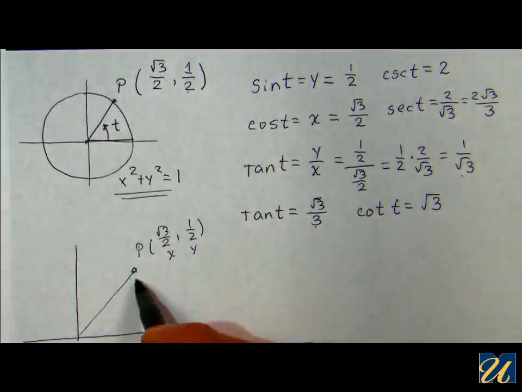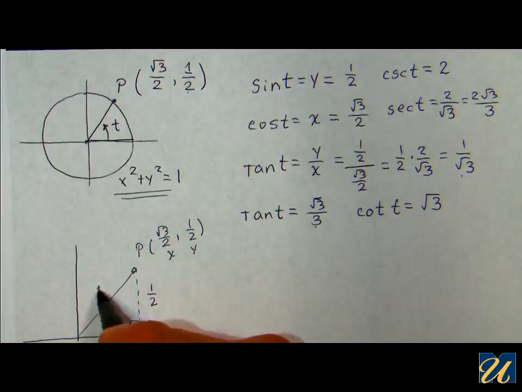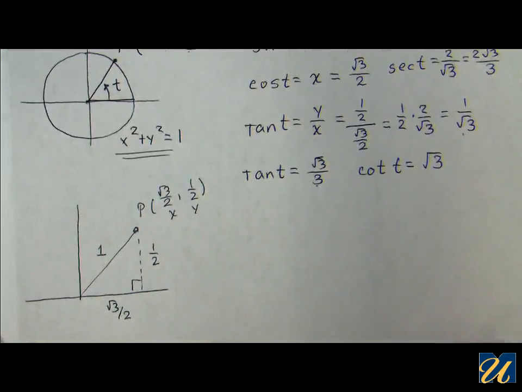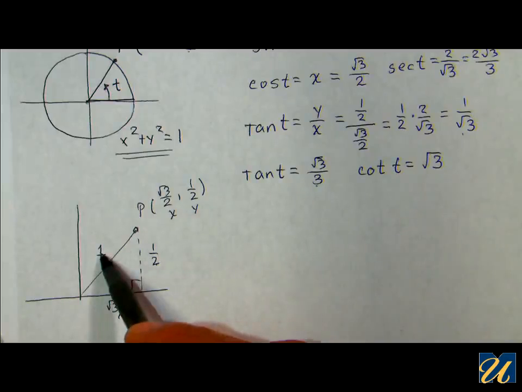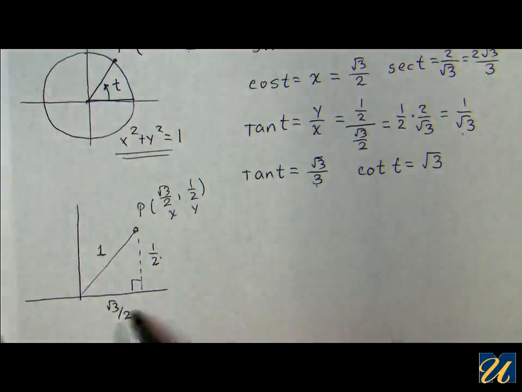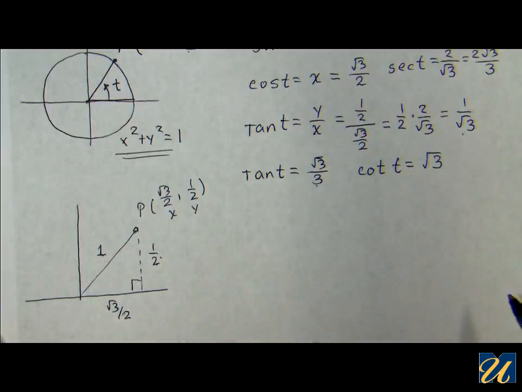So if we think about the right triangle definitions, the x-coordinate is root 3 over 2, the y-coordinate is 1/2, and the radius is 1. So the sine is 1/2 divided by 1, y over r, which is still 1/2, the y-coordinate of point P. Cosine is x divided by r, which is still square root of 3 divided by 2.